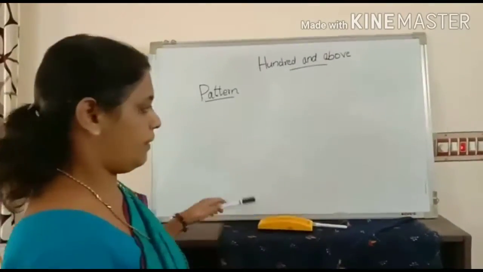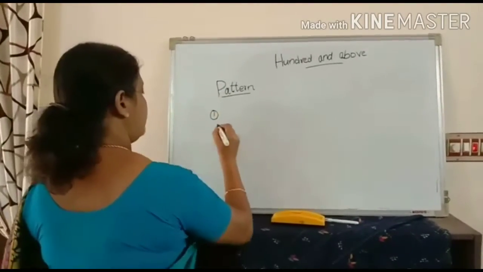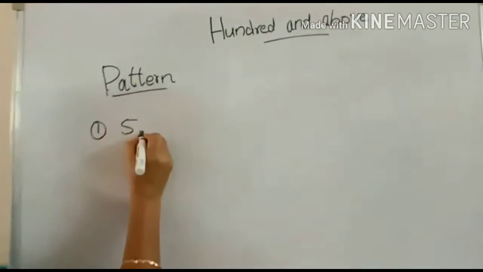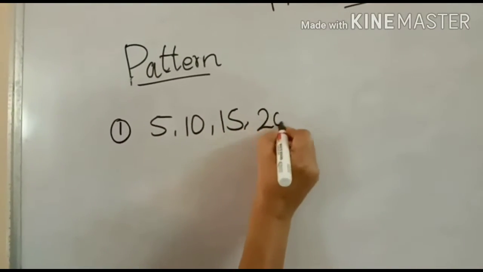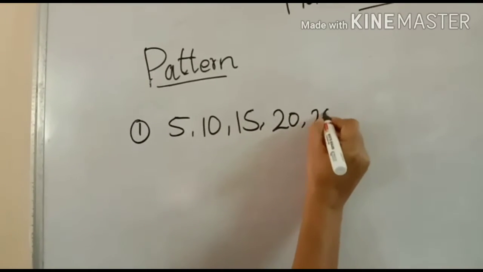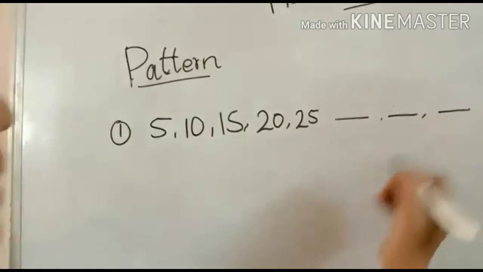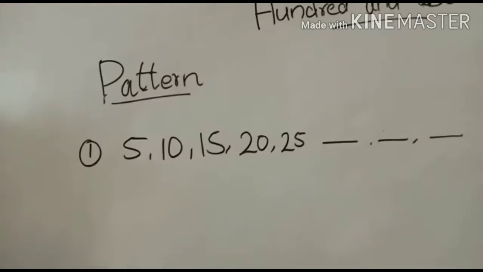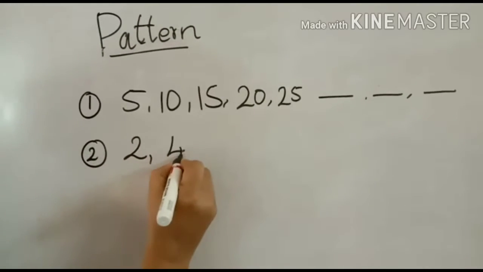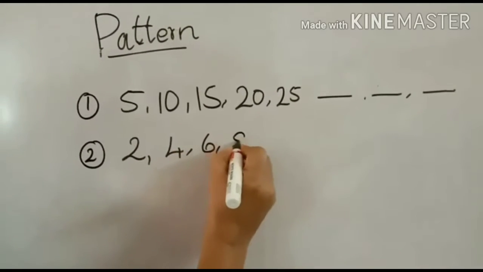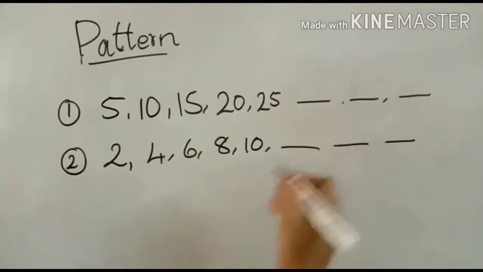See, first one: 5, 10, 15, 20, 25, dash, dash, dash. Then second one: 2, 4, 6, 8, 10, dash, dash, dash.